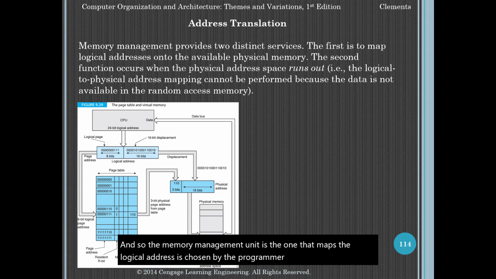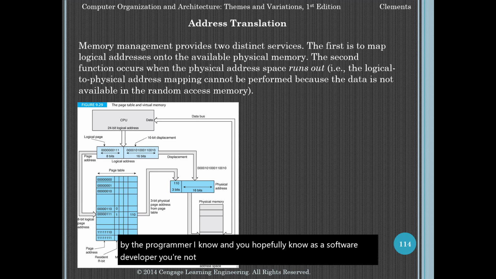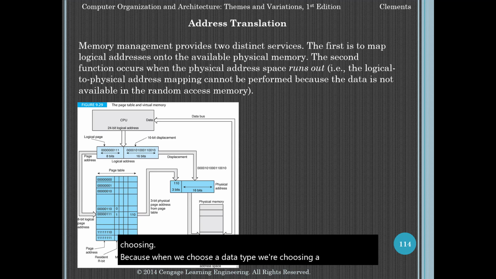And when I say chosen by the programmer, I know, and you hopefully know as a software developer, you're not choosing anything, right? When you create variables, all you get to choose is what you want to name it as its alias name, and then what data type it is. But essentially, you are choosing, because when we choose a data type, we're choosing a size of memory space that we want to use.